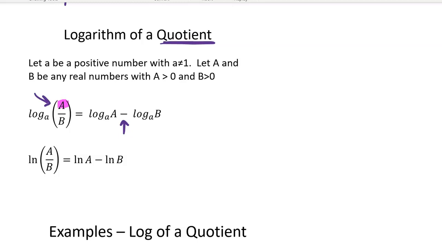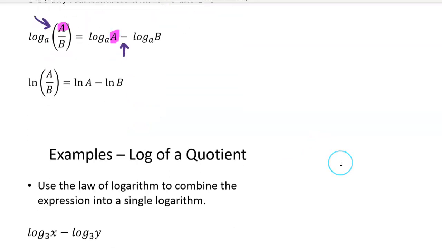The A was on top, so make sure that A is first, and be careful that you don't switch the order, because subtraction is not commutative, which means you can't just switch the order of subtraction and get the same answer. You have to be very careful how you write your subtraction when you're setting up the terms.